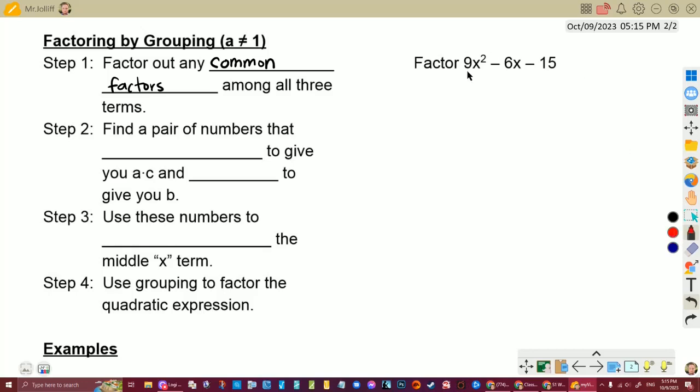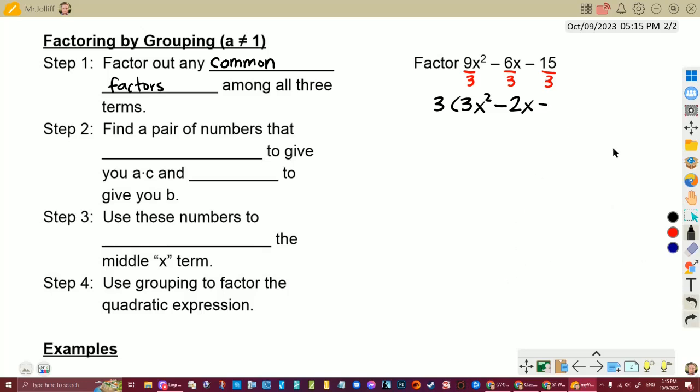So I'm going to factor that 3 out in front, and rewrite this as 3 times, and then 9 divided by 3 is 3x squared. 6 divided by 3 is 2, so 2x. And 15 divided by 3 is 5.